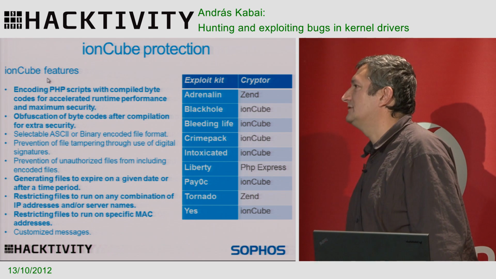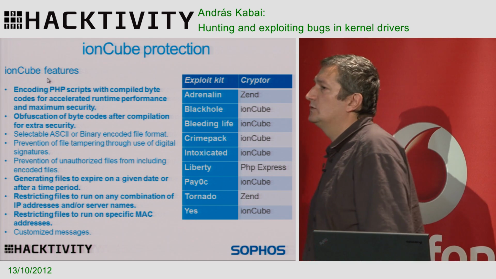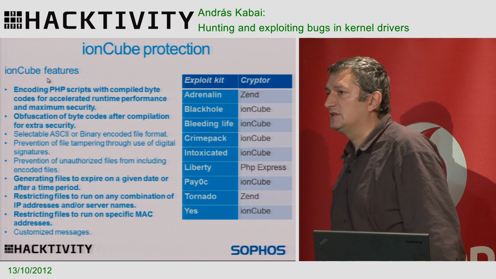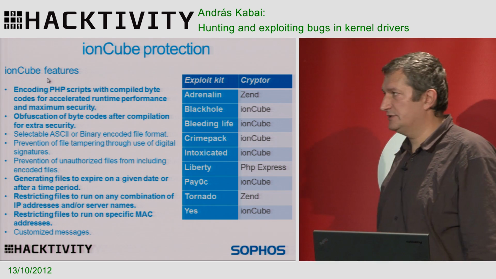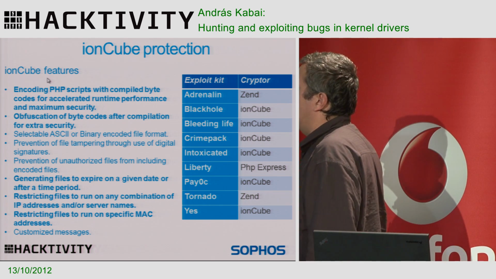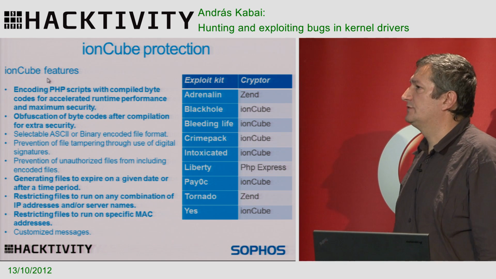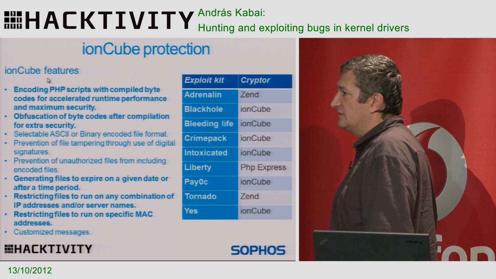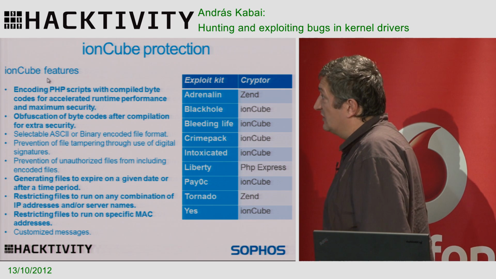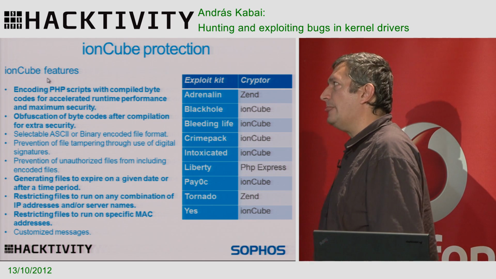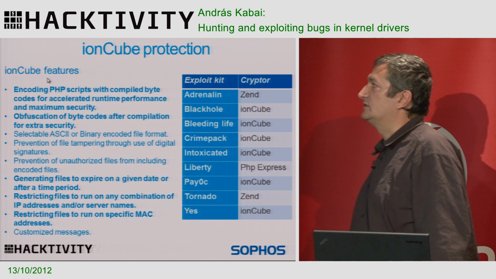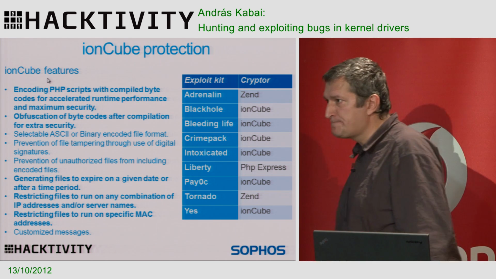Additionally, the compiled and protected code is given a signature for integrity checking. It can be given an expiration date, which comes very handy for software developers. It can have restrictions on IP addresses, server names, or MAC addresses.